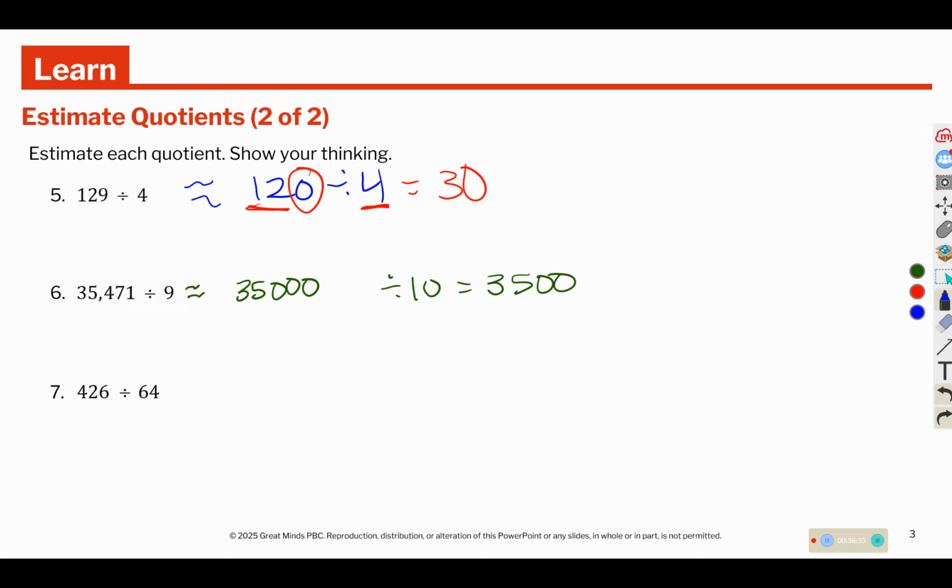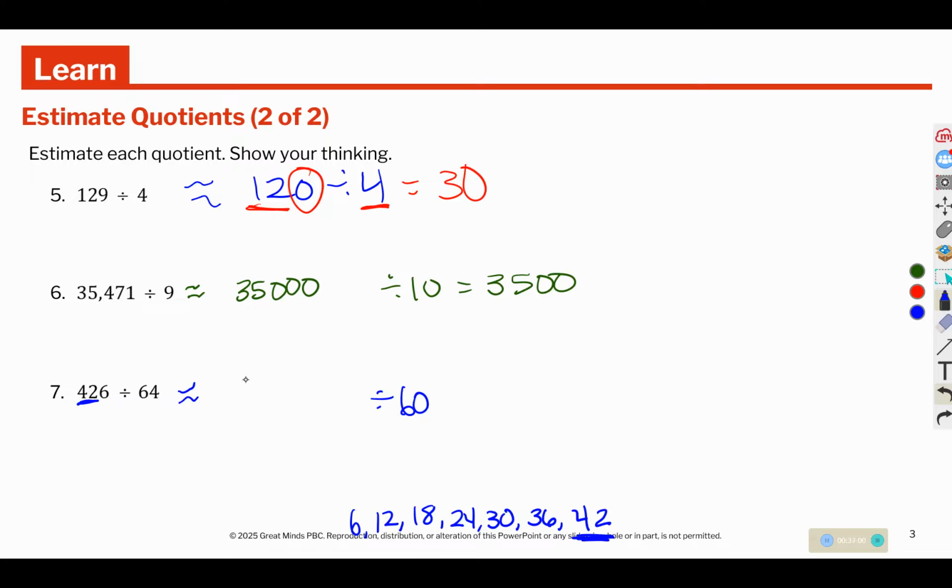This one, this 64, we may approximate as 60. So let's think of our multiples of 6. Ooh, I see 42, and I see 42 in the front of this 426.